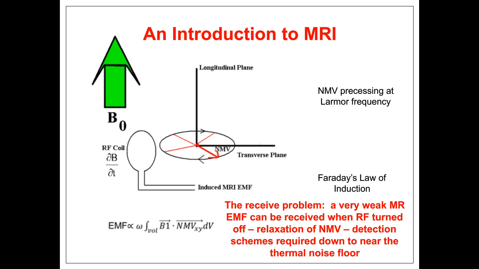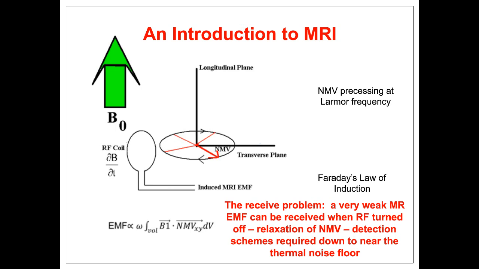So what we'll be picking up are signals originating from atoms and nucleons in the human body. It's a weak signal to begin with, and so one needs detection down to the thermal noise floor.